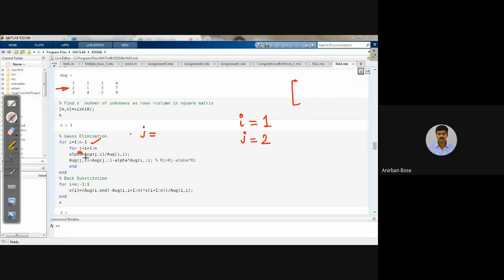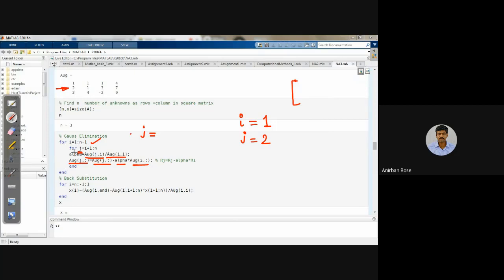You know that alpha will be a(2,1), that value you want to make 0, divided by the pivot value a(i,i). Clear? a(2,1) is this value divided by this, and augmented that particular row j comma all the columns. That means the second row, where initially j is 2, will be converted to the previous value of that row minus alpha into the row which is considered as the pivot element. The i-th row is the pivot element, so the i-th row multiplied by alpha.